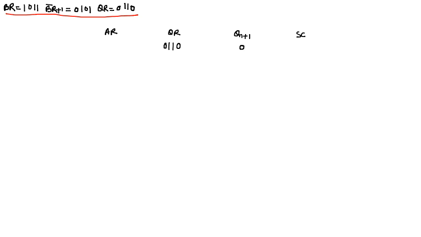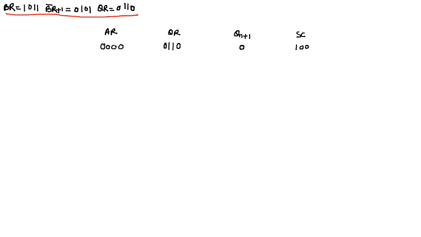The number of bits in the BR are 4, that's why we'll keep 4 zeros in the register AR. And here the value of QR is 4 bit, that's why the value of counter will be 100, because 100 is the binary value of 4. So let's start with the process.